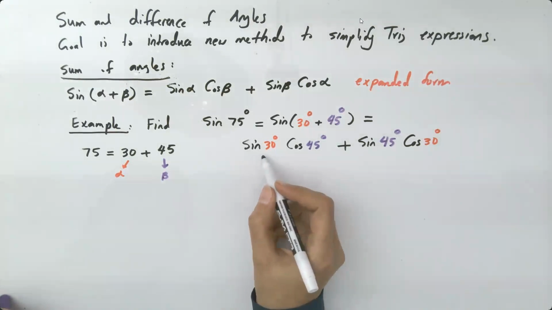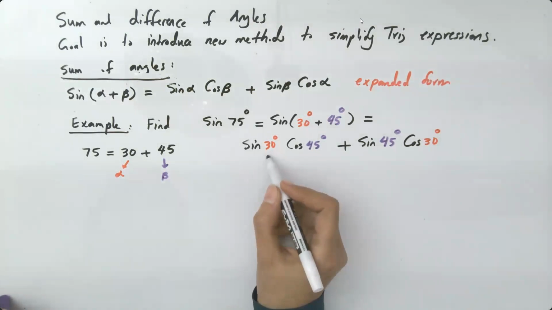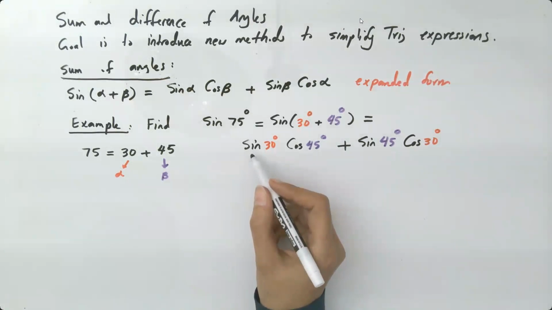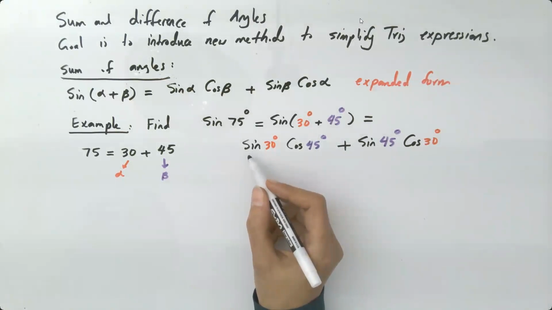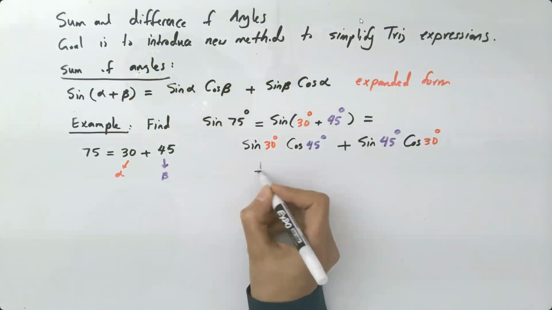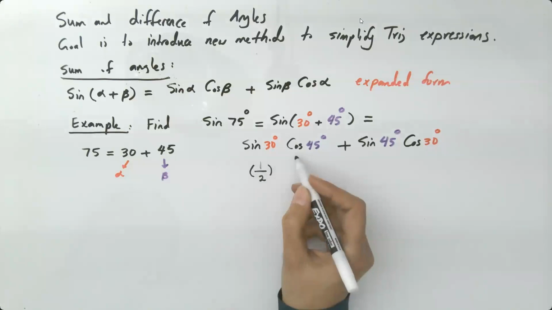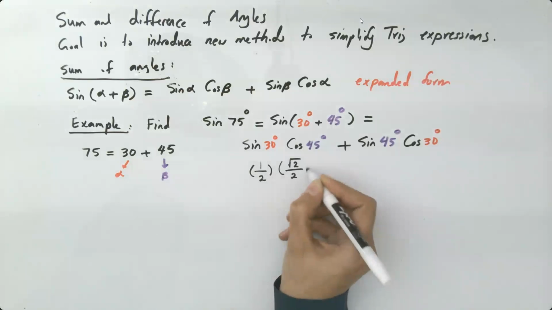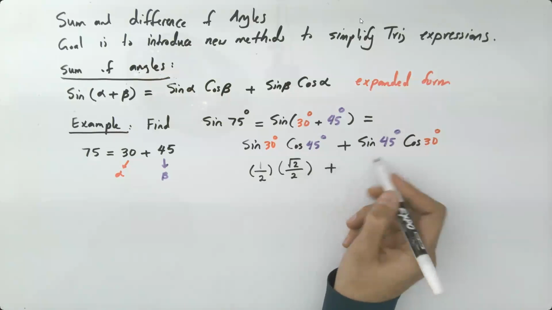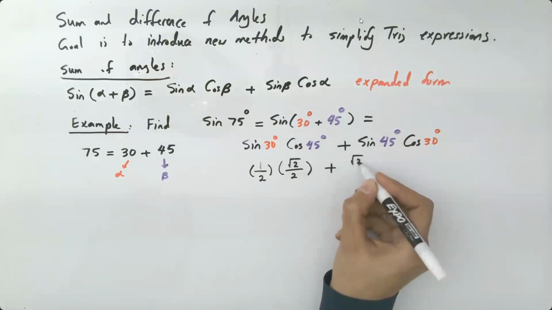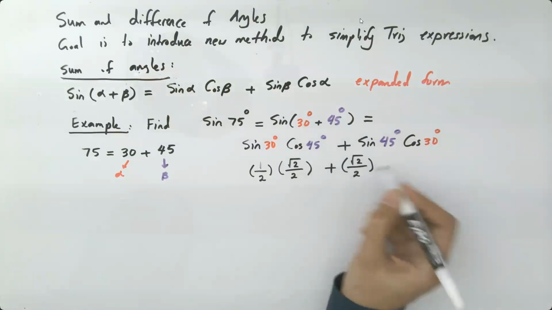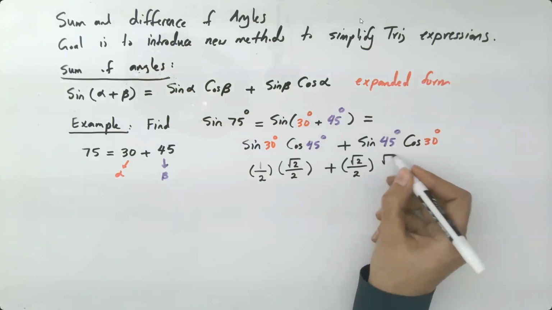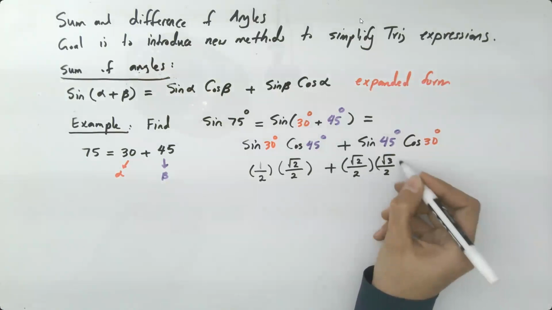So here you have sine of 30 degrees. Okay, sine of 30 degrees. 30 degrees is pi over 6, which is equal to a half. Then you have cosine of 45 degrees, which is square root of 2 divided by 2, plus sine of 45 degrees, square root of 2 divided by 2, times cosine of 30 degrees or cosine of pi over 6, which is square root of 3 divided by 2.